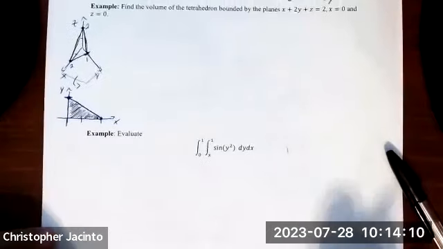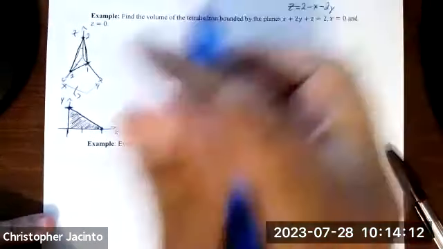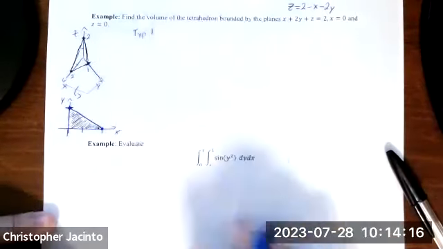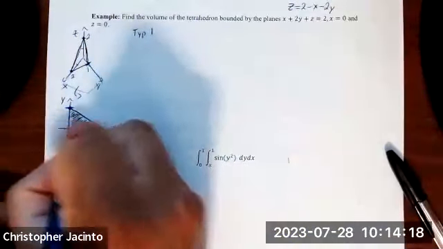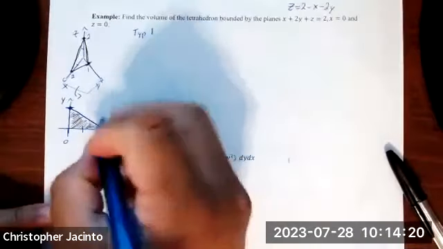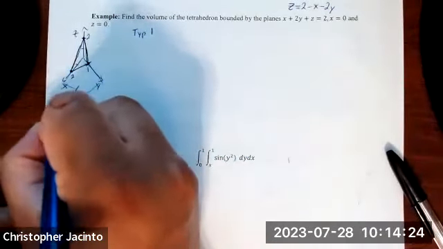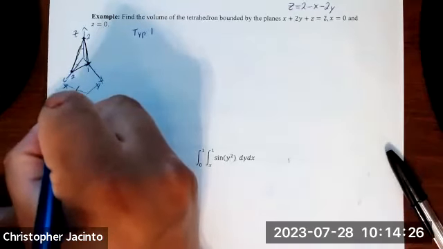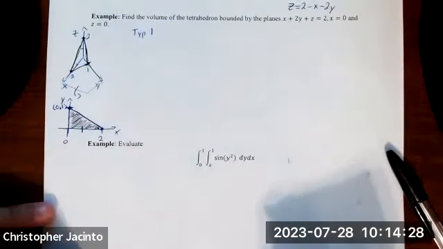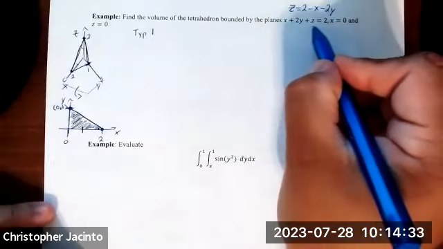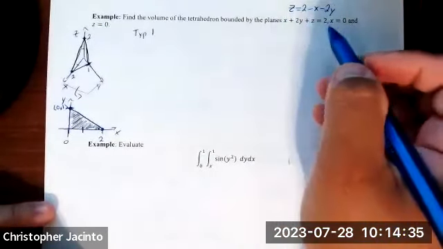All right. So it looks like we do a type 1, which is nice. So if it's a type 1, x goes from 0 to 2, but y goes from what to what? Now this is actually much easier than we think, because we could just set z equals 0, and we can solve for, in this case, y.